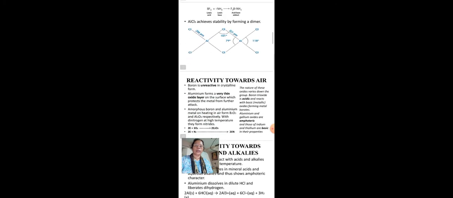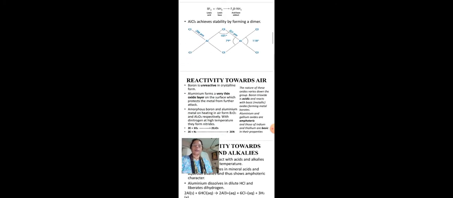In this structure, between the two aluminium atoms there are 4 terminal chlorines and 2 chlorines in the middle. This is the dimer formed by aluminium trichloride.